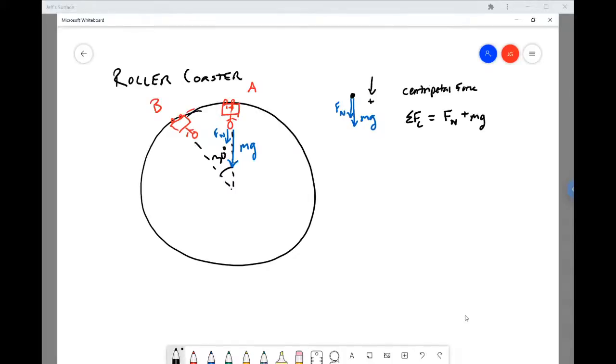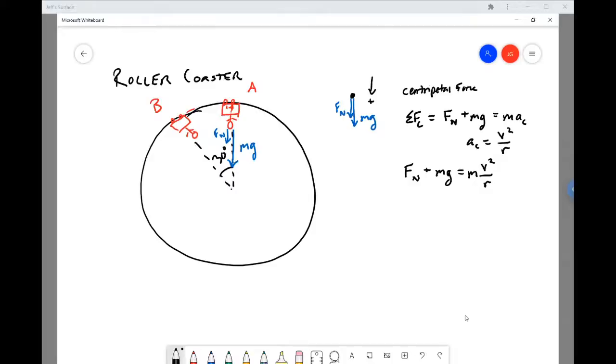So the normal force, the force of the child's seat pushing up on the child, or in this case down, because she's upside down, and the weight of the child, equals the mass of the child times its rate of centripetal acceleration. And centripetal acceleration is v squared over r. So we have the net centripetal force, which is the sum of normal force plus weight, equals the mass of the child times her speed squared divided by the radius of curvature.